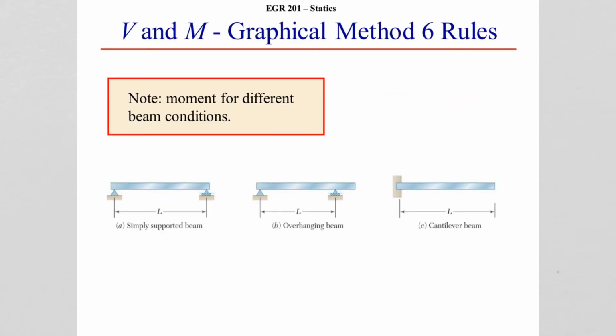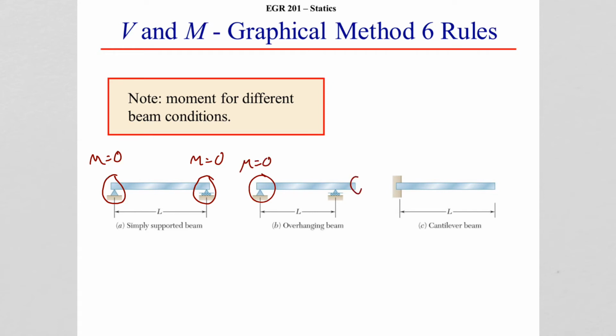Other things that we want to know is where the moment conditions are for different types of beams. If we look at a simply supported beam, we see that our moment at a pin location is equal to 0, or a roller location is equal to 0. I never want to see moments there. If we look again at this one, which is an overhang beam, the moment here is equal to 0.